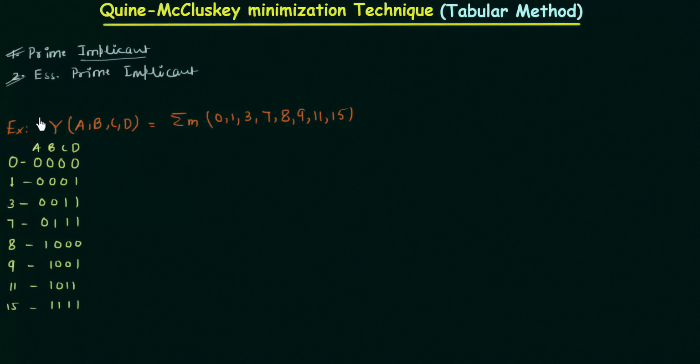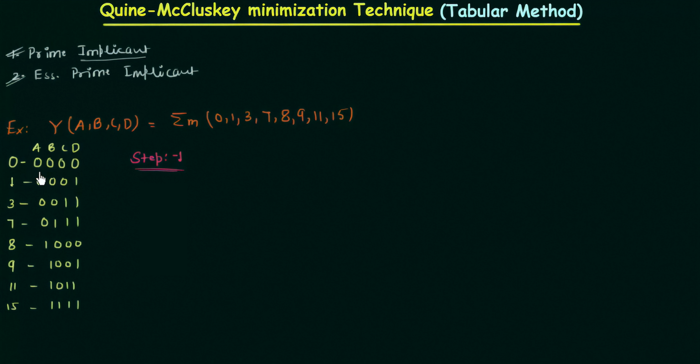And in step number 1, what we have to do is make a table. In that table we will arrange all the minterms according to the number of ones contained. So what we are going to do is make groups, and in each group we will keep the minterms with the same number of ones.